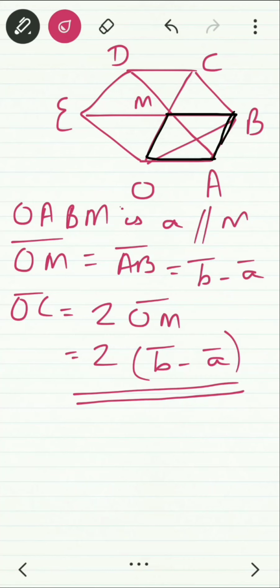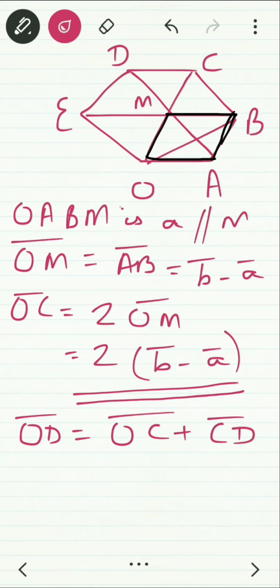Now moving on with respect to OD. By triangle law, we have OD bar is equal to OC plus CD. You can observe the figure and find out. We can also write it as OC minus DC.